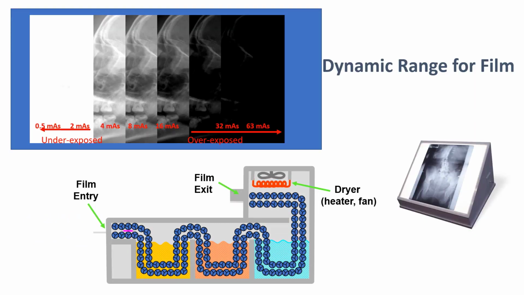The dynamic range of exposure for an analog signal is different from the dynamic range of exposure for a digital signal. When we create images, the image receptor type and how we process the image makes a difference.